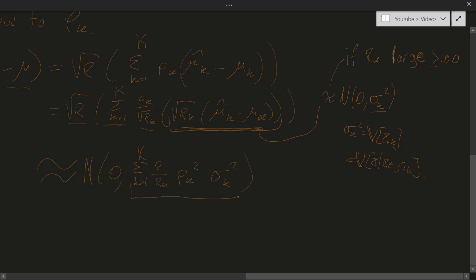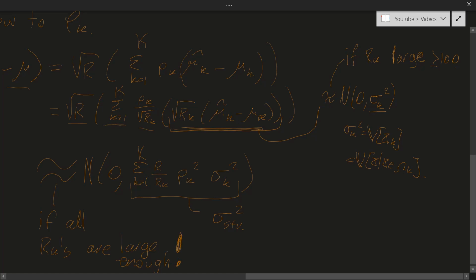And this we call the variance stratified here. Okay, and this is only if all of these rk's are large enough.